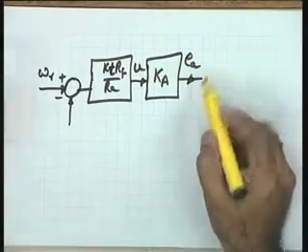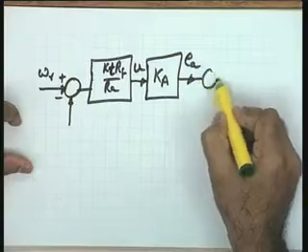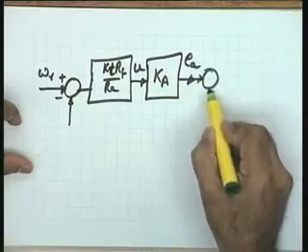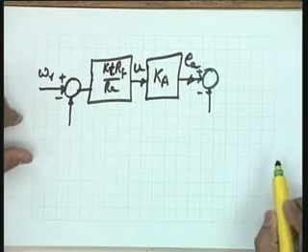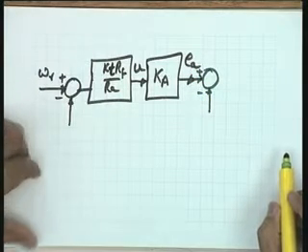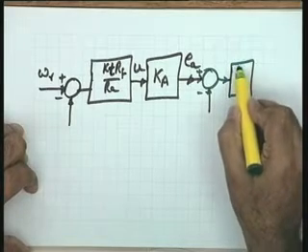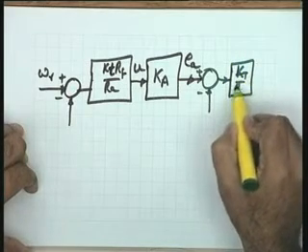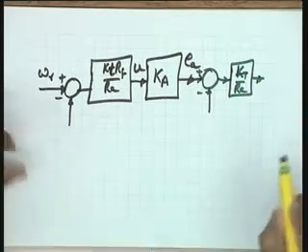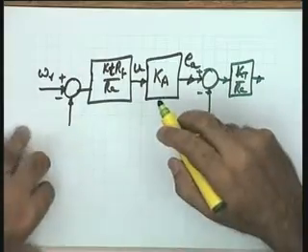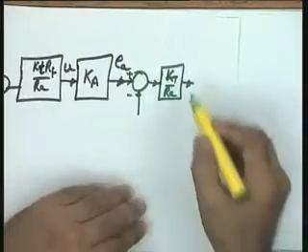Now, I would like to put the summing junction here, because at this particular Ea you have got Eb, the back EMF of the motor. Now, this has a block Kt over Ra here, so that at this particular point you have got the torque. This is the torque generated by the motor.